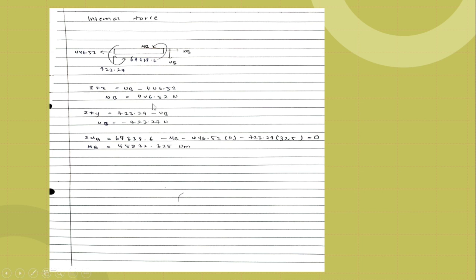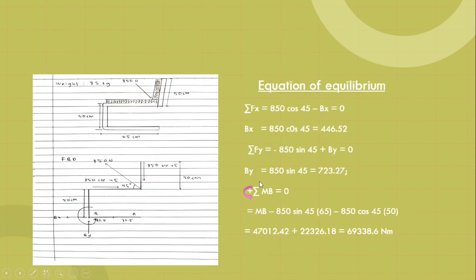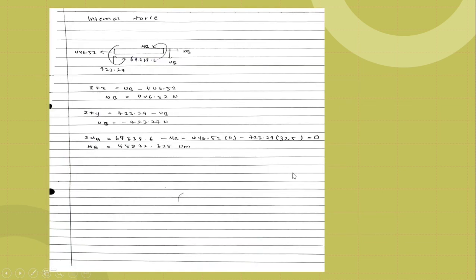And for the shear force we times with 32.5, because we have the length here which is 32.5 cm. So after we calculate, we got the maximum bending moment is 45,832.325 Newton. So that's all the calculation from this analysis. Okay, thank you.